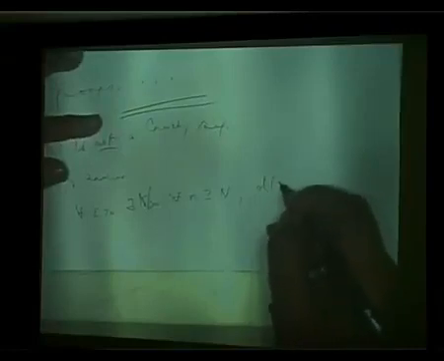What is a Cauchy sequence? A Cauchy sequence is: for all epsilon, there exists N such that for all n, m greater than or equal to N, if you are in a metric space, then you say distance from xn to xm is less than epsilon.